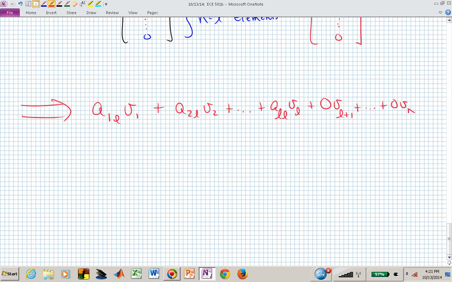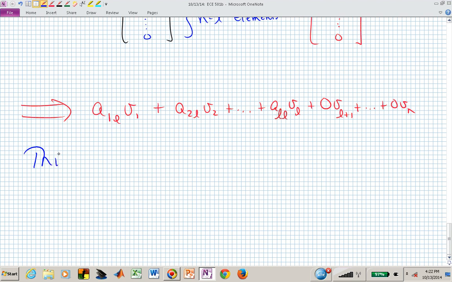But we now know what that is basically saying. Now we're saying that T v sub L lives in the span of these first L vectors. That's what that's saying.